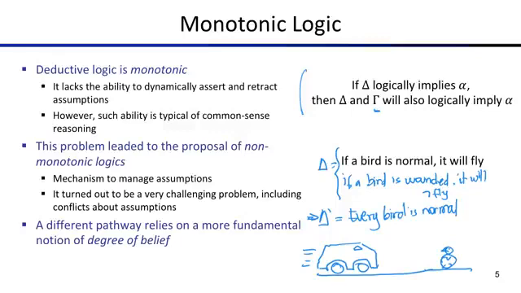So let's suppose that we start, and I'm going to use the symbols for probabilities like a P, even though these degrees of belief do not need to be probabilities. We're going to see in the next slide that there are other concepts that also are used to express uncertainty. But let's suppose that we are not certain if the bird can fly or not. So we say something like this.